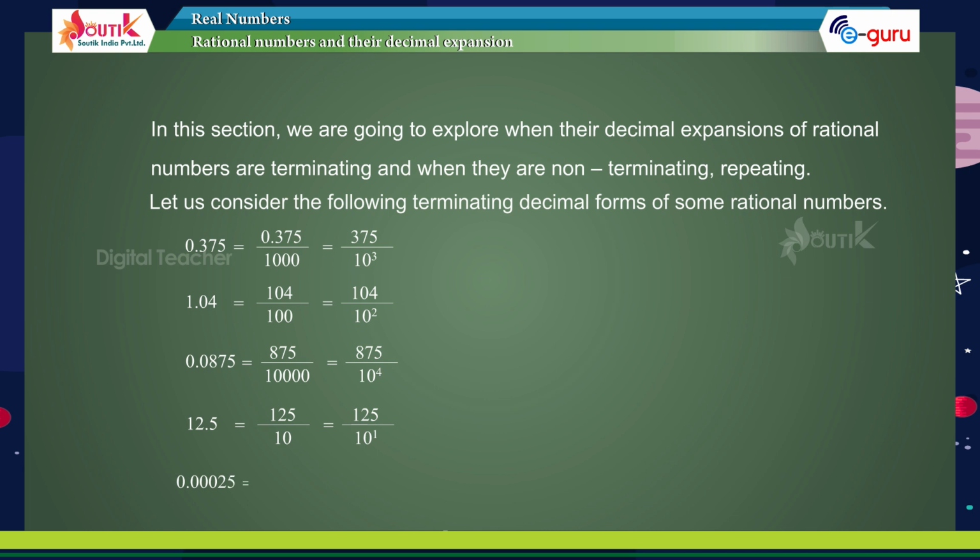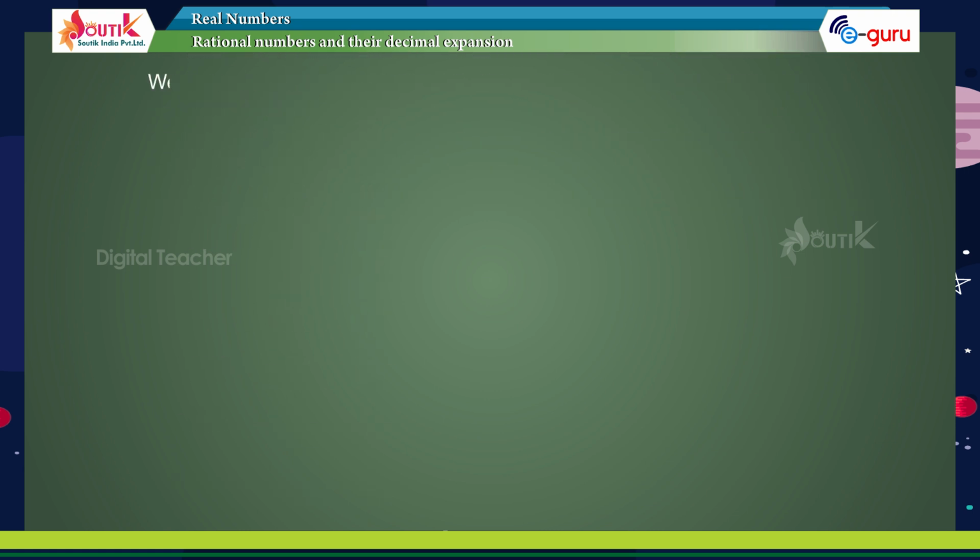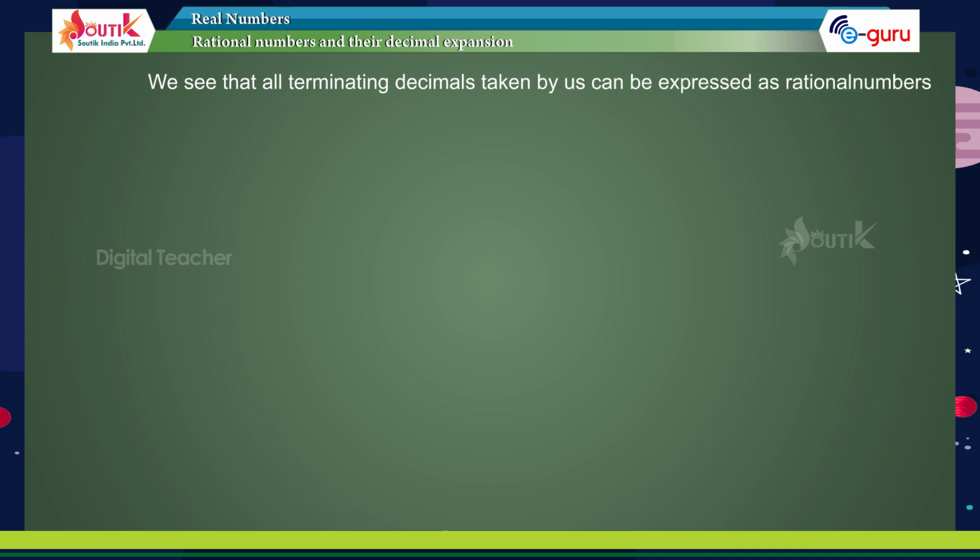0.00025 equals 25 by 1 lakh, which equals 25 by 10 to the power of 5. We see that all terminating decimals taken by us can be expressed as rational numbers whose denominators are powers of 10.